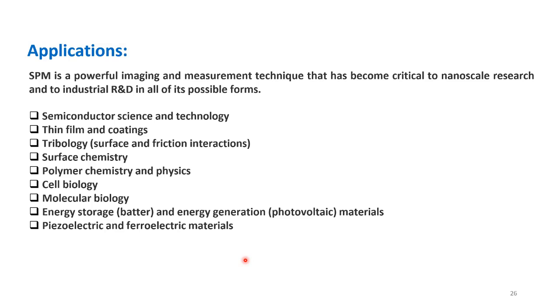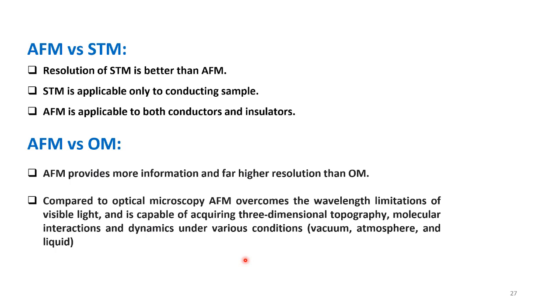And piezoelectric and ferroelectric materials, as I already told you, can also be checked using SPM. So the difference between AFM and STM: the resolution of STM is better than AFM, because in AFM we will not be able to get a proper, higher resolution, but in STM, because of the electron transfer, we'll be able to get very sensitive information.